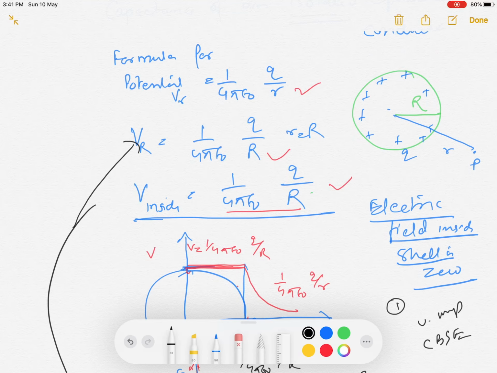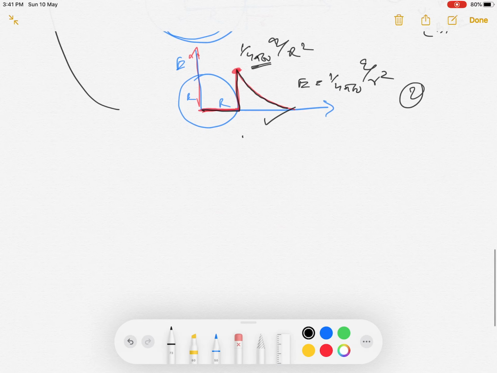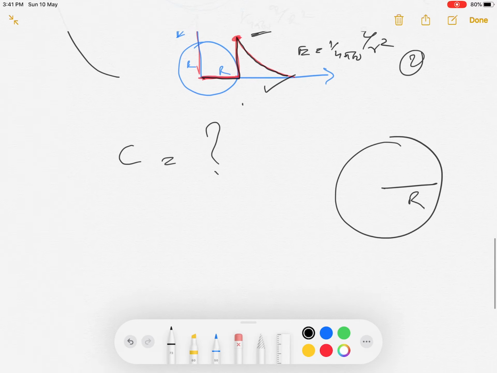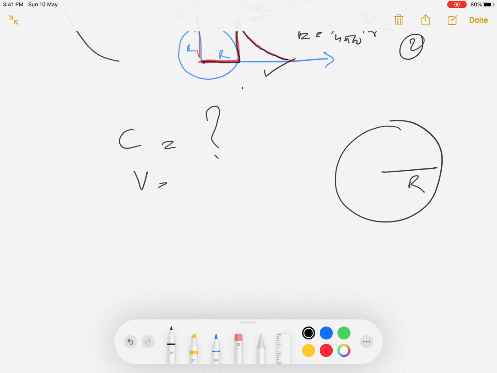Actually we are finding the capacitance of a spherical conductor. This is a spherical conductor of radius r, and we have to find out the capacitance. In order to find the capacitance, let us consider potential at the surface. If q is the charge which has been uniformly distributed and this is isolated, with no effect of other charges, then V is 1 upon 4 pi epsilon 0 q by r. This is the formula for potential at the surface. Now q is equal to CV.